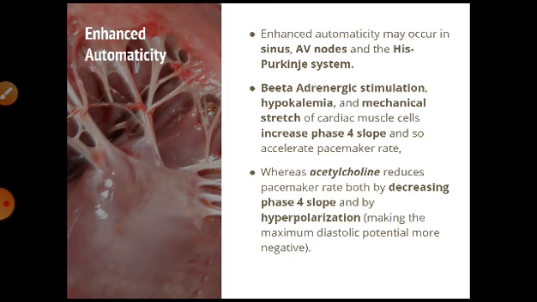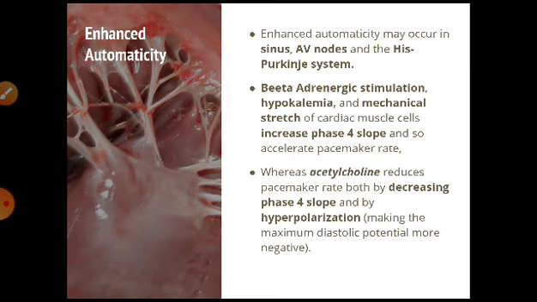Because the calcium load increases, the action potential is triggered or enhanced, and it goes toward a tachyarrhythmia condition, right? Enhanced automaticity may occur in the sinus, AV nodes, and the His-Purkinje system.